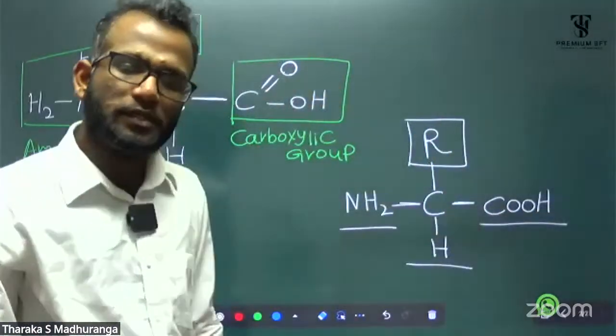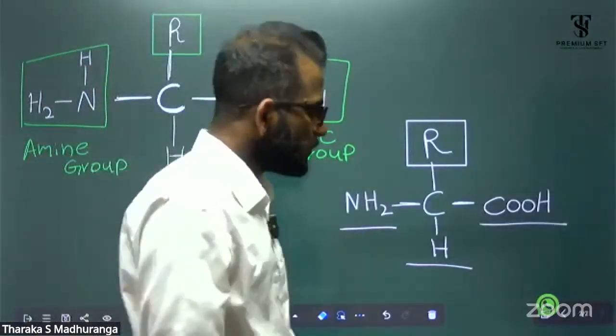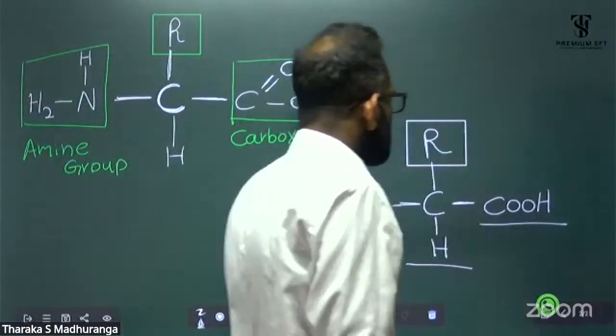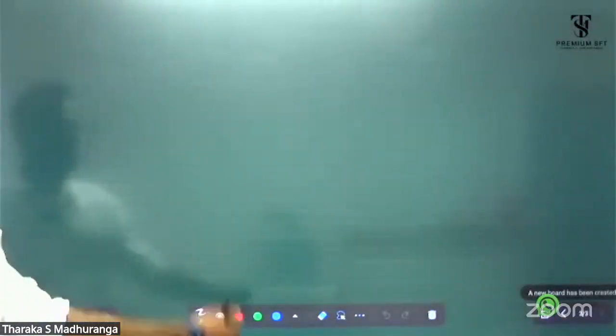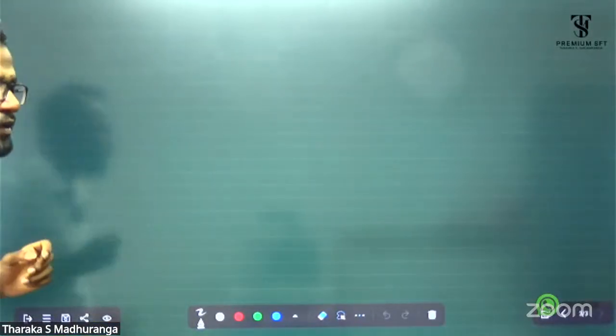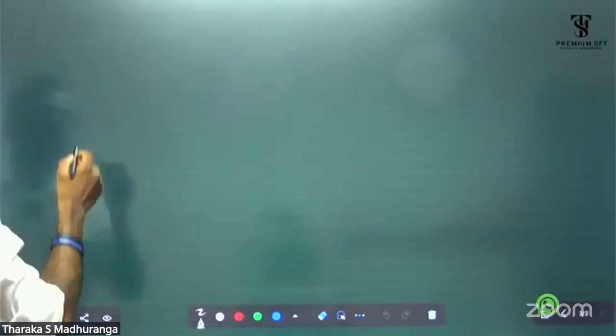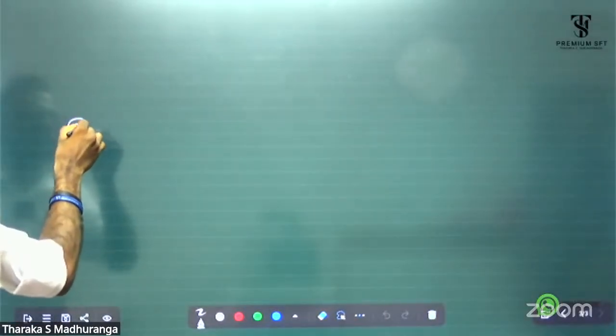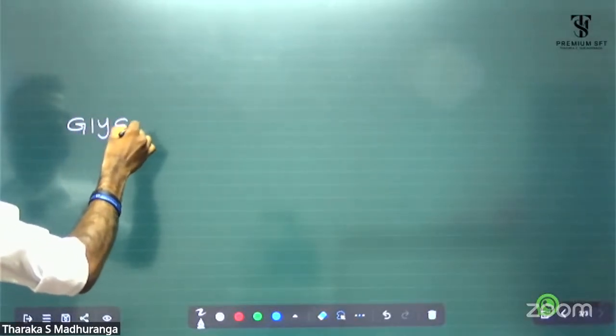Let's see different types of amino acids to understand. There is a very simple amino acid that we call glycine.